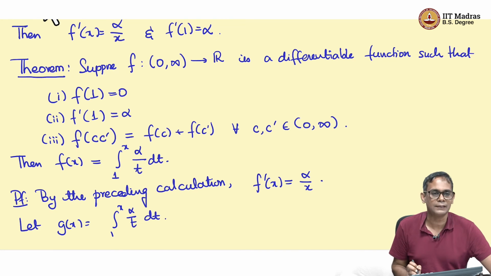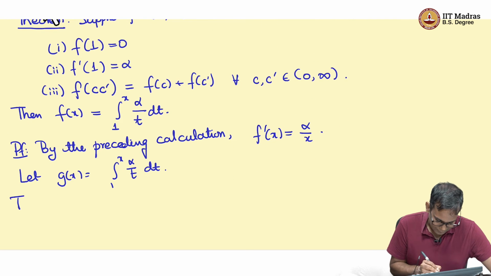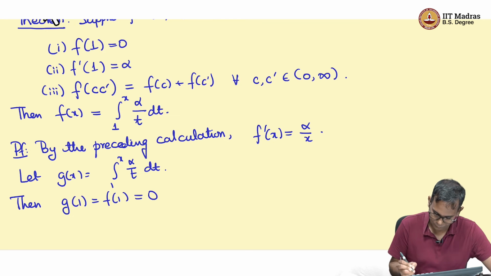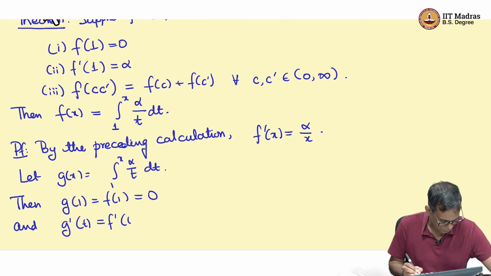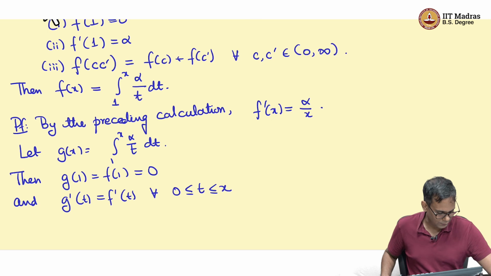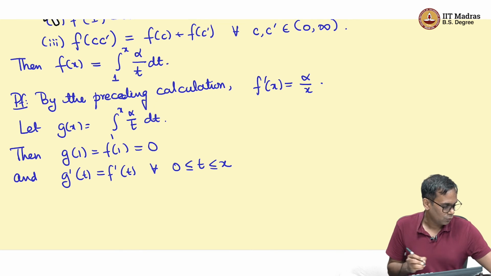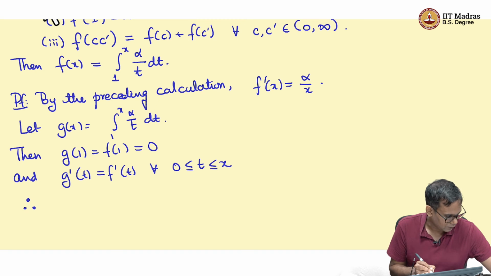I want to show that f of x is equal to g of x. Well, what we know is that g and f have the same value, and g prime of t equals f prime of t for all t between 0 and x. And so, in an earlier lecture we saw that a function is determined by its derivative up to a constant, and so what this means is that f and g must be equal.